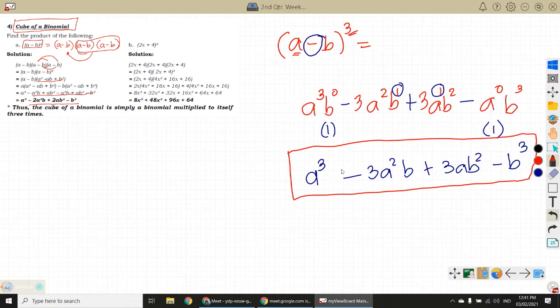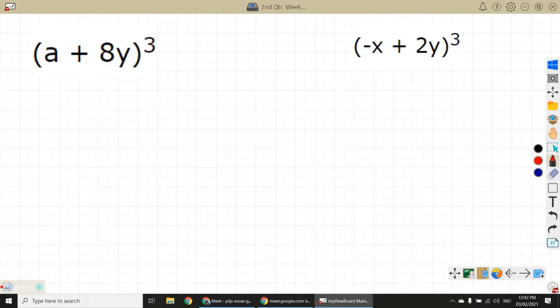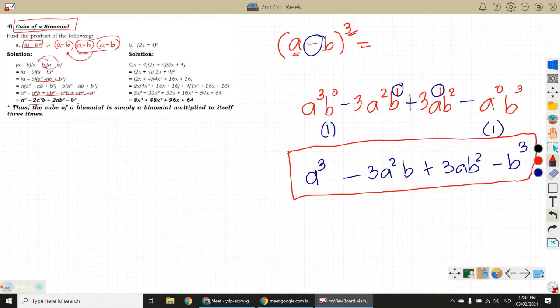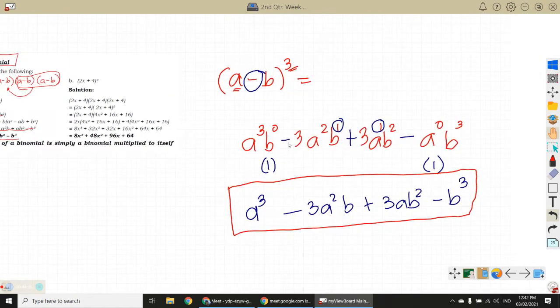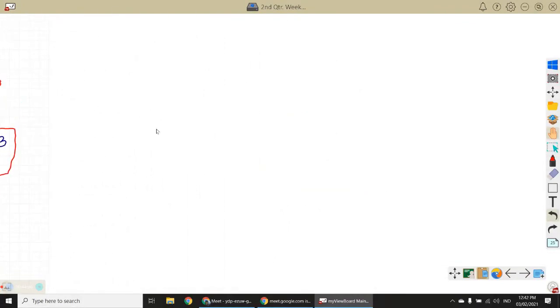Let me have another example. Let's have this one. Yung medyo madali. Mahirap-hirap yung iba eh. Okay, sige, tingnan natin to. 2x plus 4 cube. Dito ko na lang ilagay, no? Mas malinaw. 2x plus 4 cube. Okay?